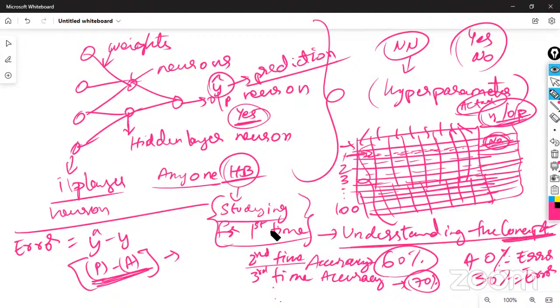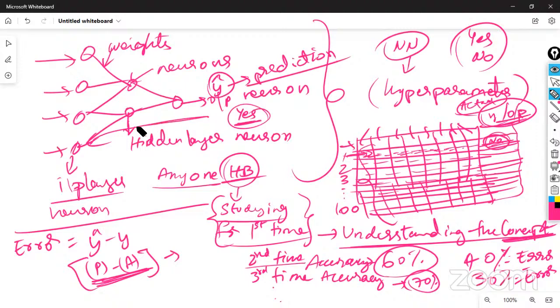Same concept, but not in the same way. I'll change my explanation and give more examples, so that for the second time he will understand and improve the accuracy. For that, I'll make this go back and get trained again.